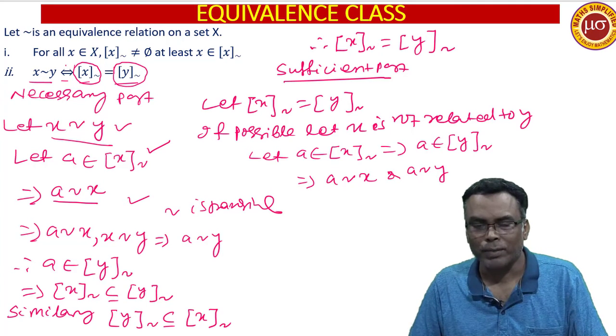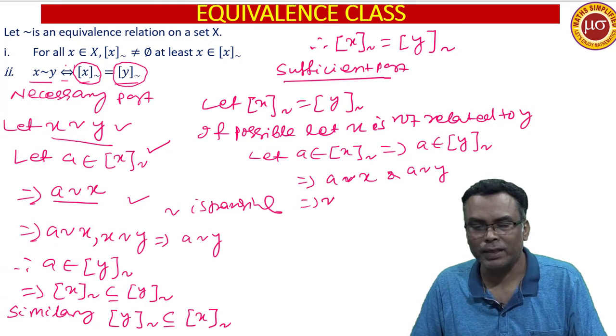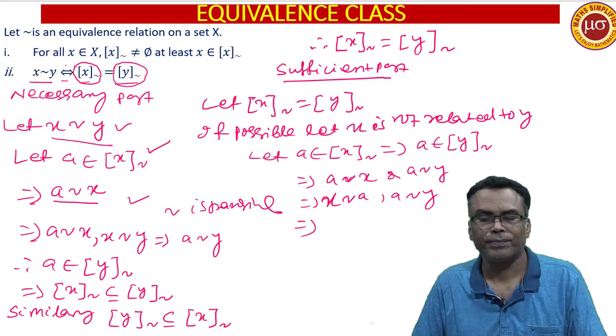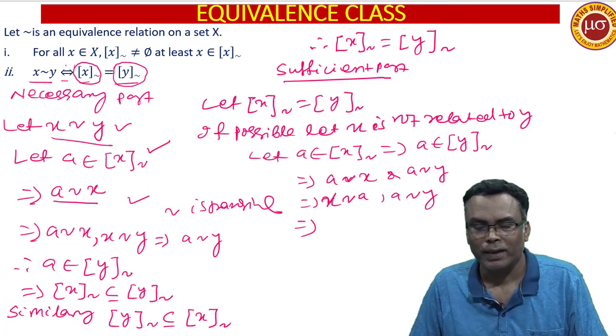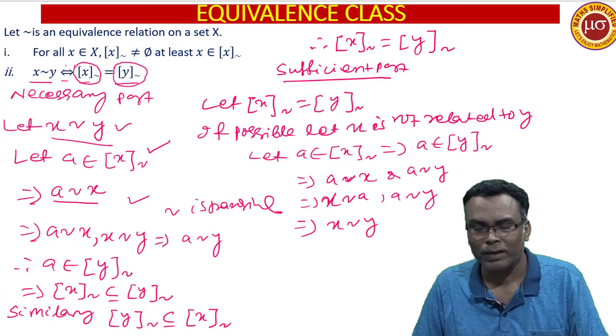Now this relation is symmetric. So x is related to a and a is related to y. That implies x is related to y. Why?